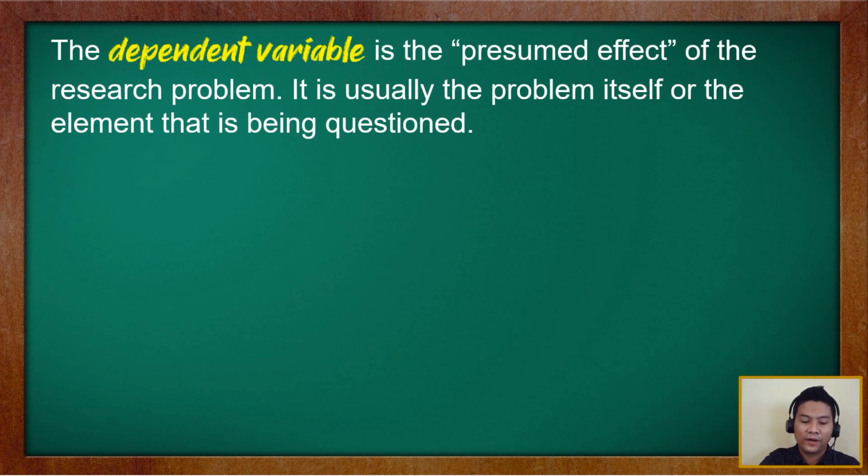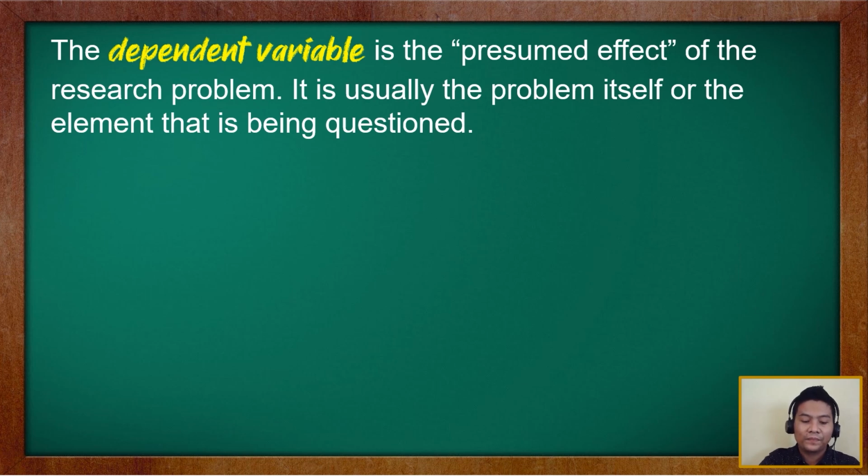Let's have the dependent variable, which is the presumed effect of the research problem. It is usually the problem itself or the element that is being questioned. This variable is altered as a result of experimental manipulation of the independent variable or variables.